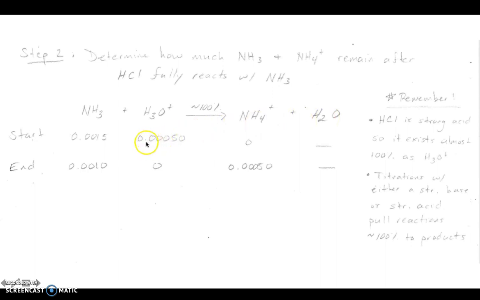So what I see here is that hydronium, or HCl, is going to be my limiting reagent. I have less of it than the ammonia, so that's the maximum amount that can react. When it's done, because it's being pulled all the way to the products, I have 0 moles of H3O+ left.